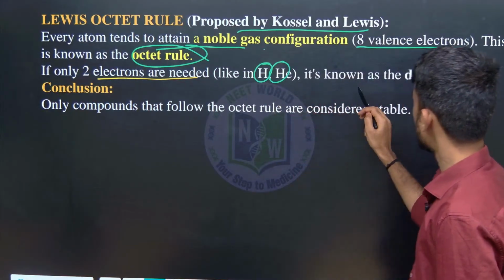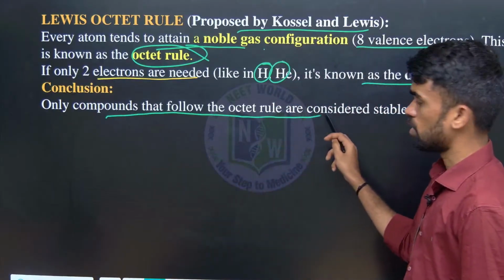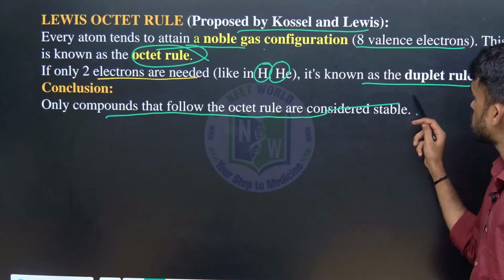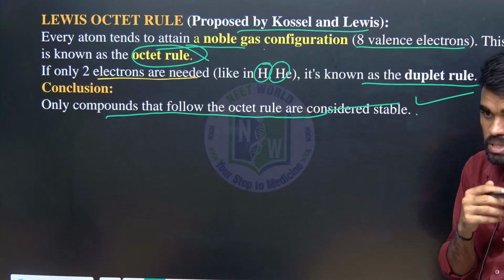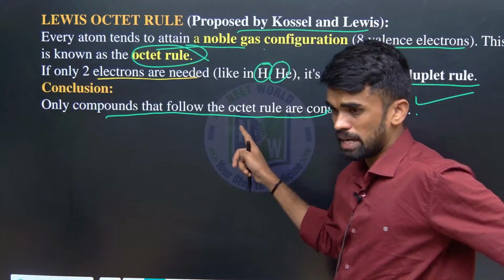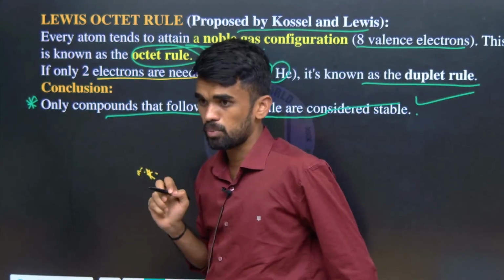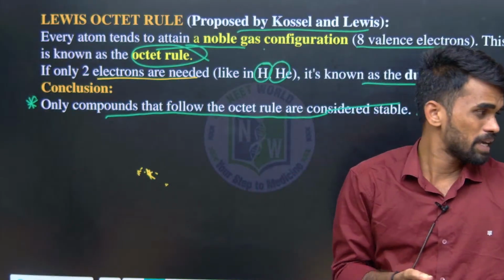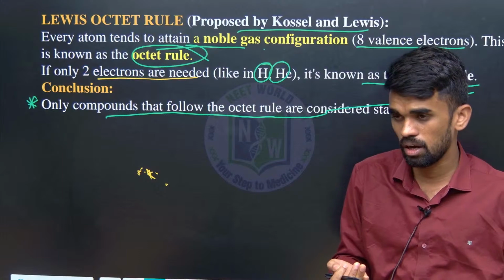Conclusion: only those compounds that follow octet or duplet configuration, like inert gas configuration, are considered stable. By this one statement he explained the stability of compounds. Therefore it is applicable to a few compounds, but not to all compounds.